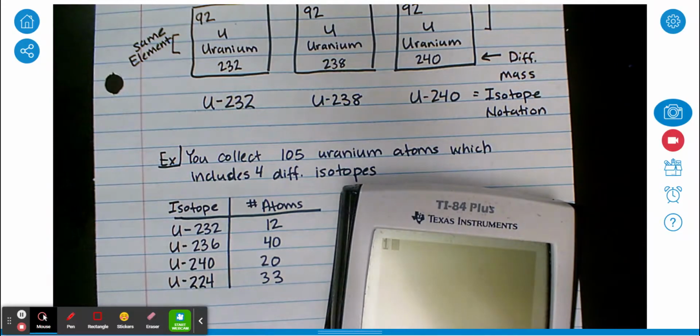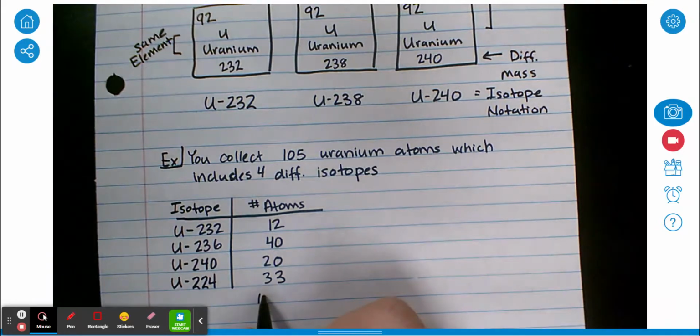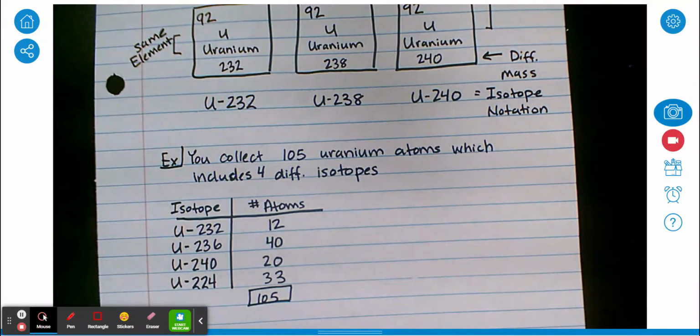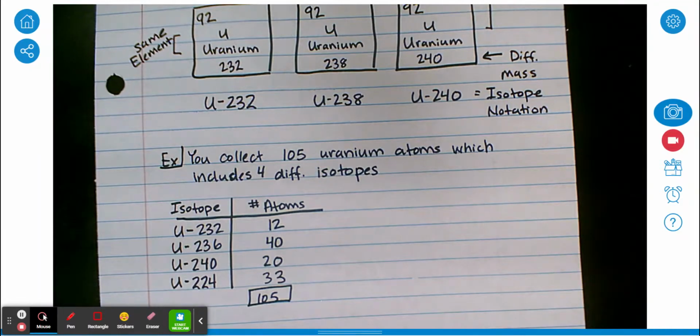If we want to double check ourselves, we have 12 of isotope A, 40 of B, 20 of C, and 33 of D. I have 105 uranium atoms total, which is what I had originally counted up. Now, to take a weighted average, you're basically going to figure out what is the input of each different isotope.